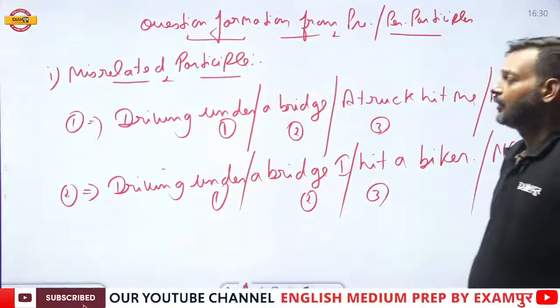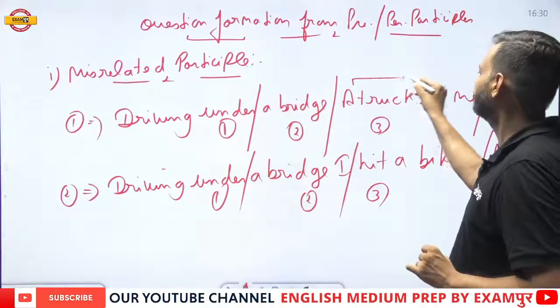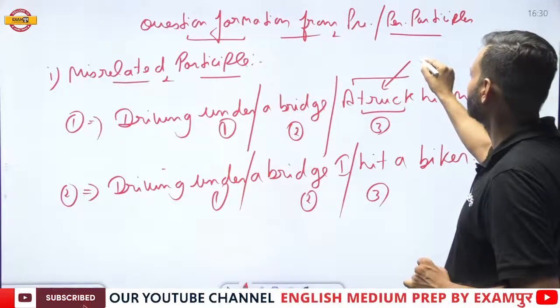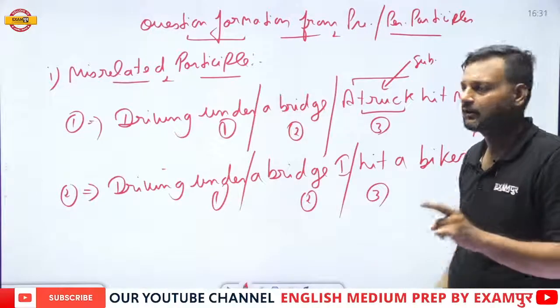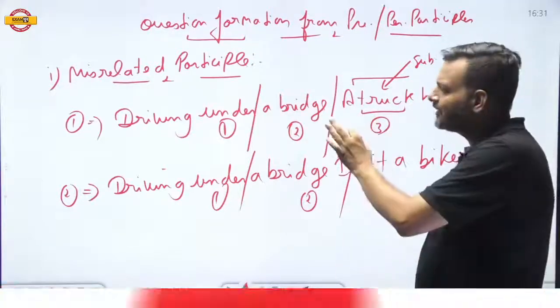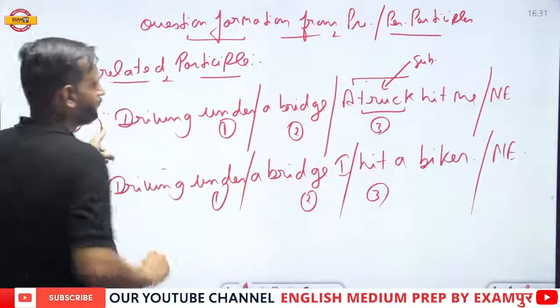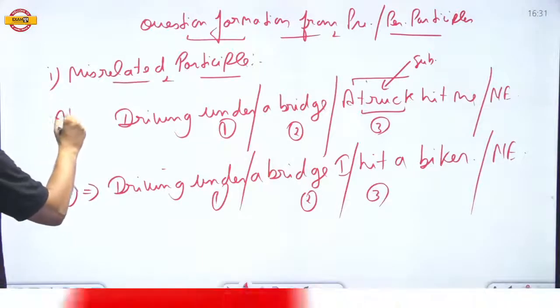See, driving under a bridge, a truck hit me. So the second subject is truck. To be correct, this sentence needs this subject here also.